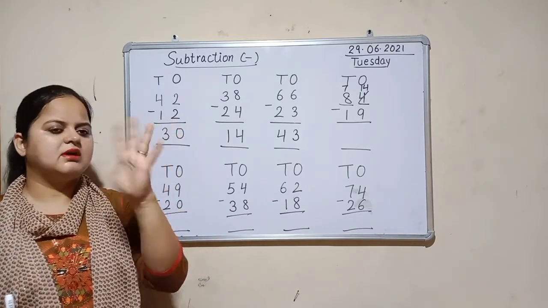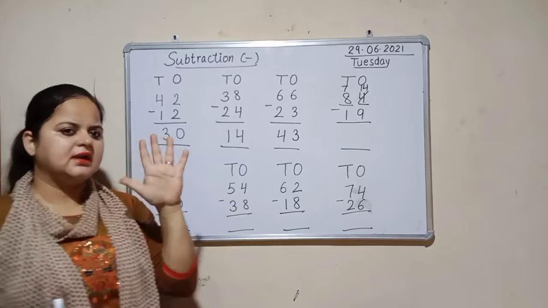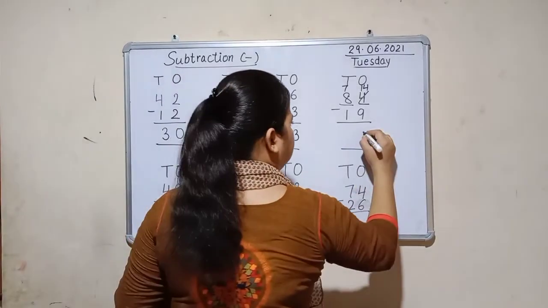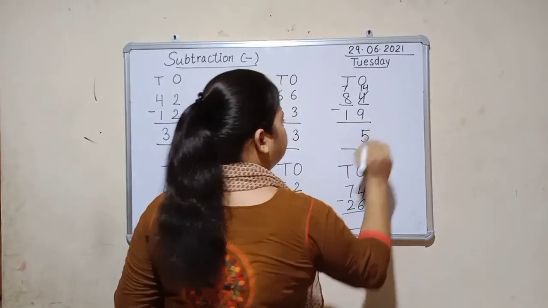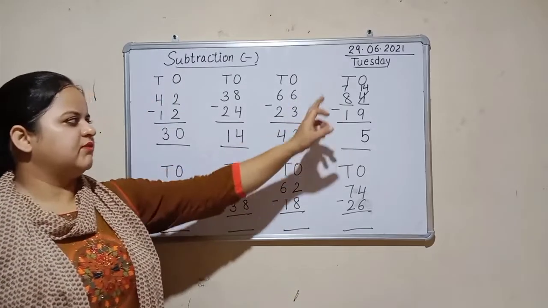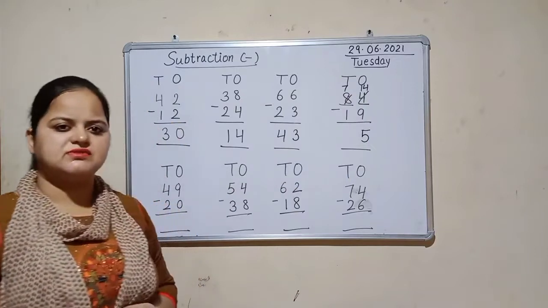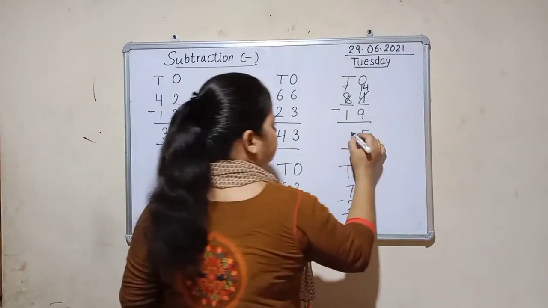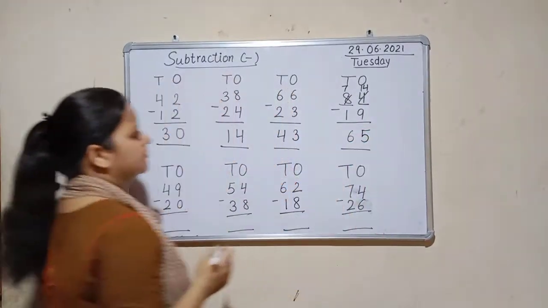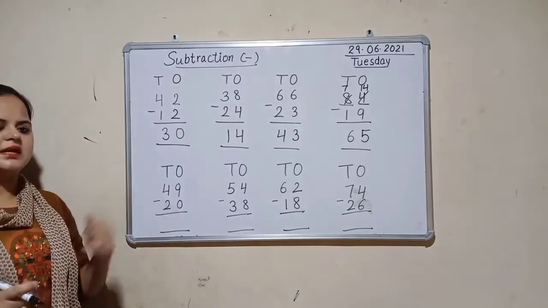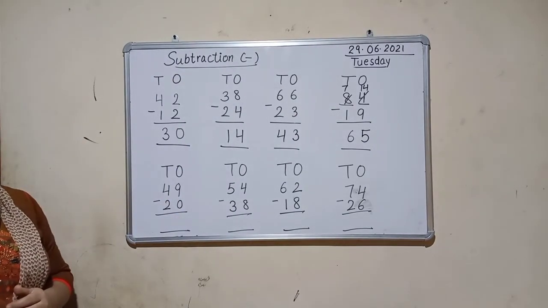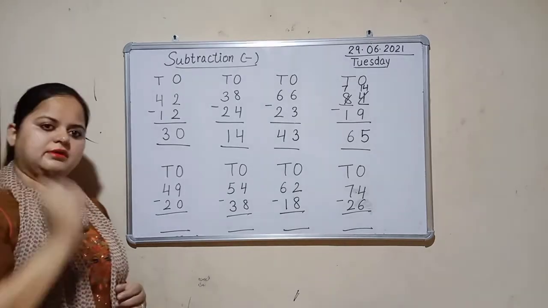We have number 5 here. See on my hand. Here are 5 fingers open. So we will write number 5 here. 7 minus 1, 6.